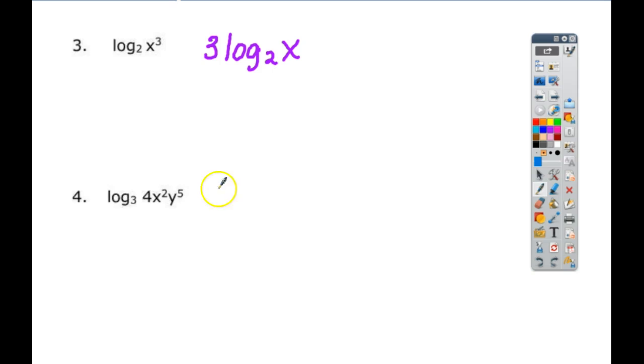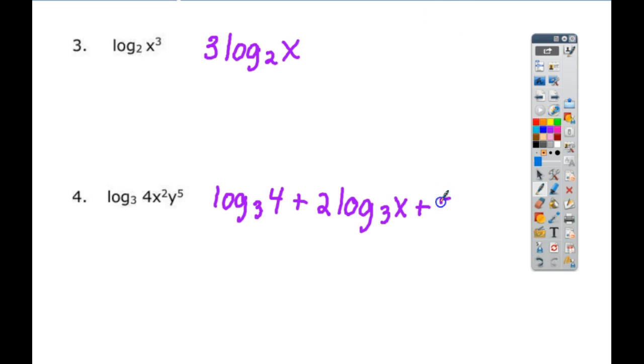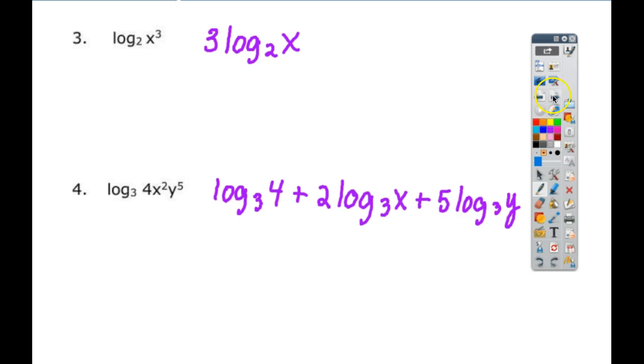So the first one is going to be log base 3 of 4 plus, where does the 2 go? To the front. So I'm going to have 2 log base 3 of x plus, and where does the 5 go? To the front. 5 log base 3 of y. It is. I told you. All of it's easy.